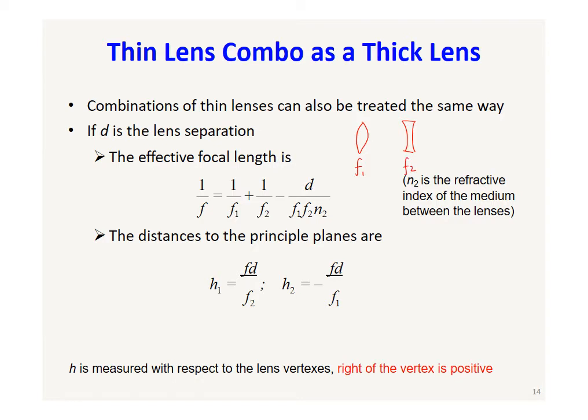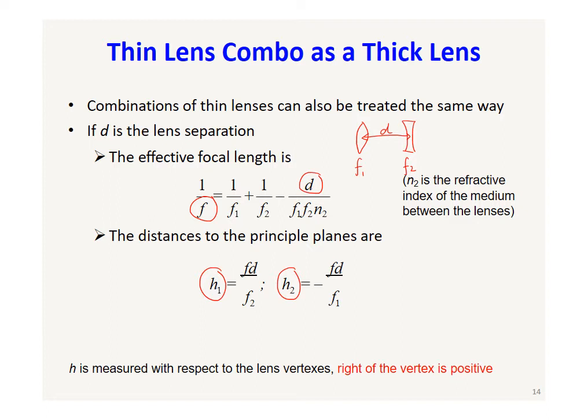We can find an effective focal length of the whole combination. The important parameter now is the distance between those lenses. And we use slightly different formula to find the principal planes, but what these principal planes are in their nature is the same as before.